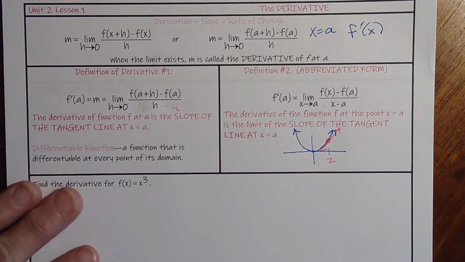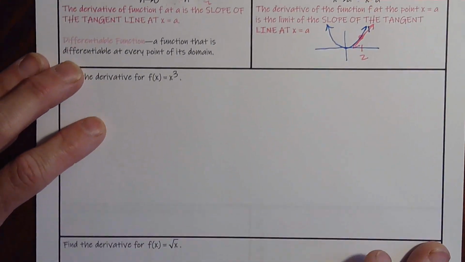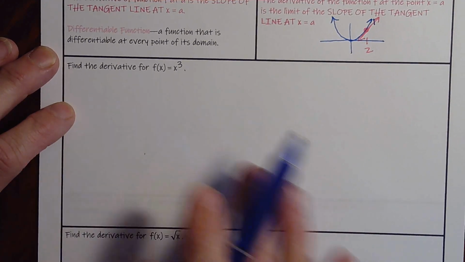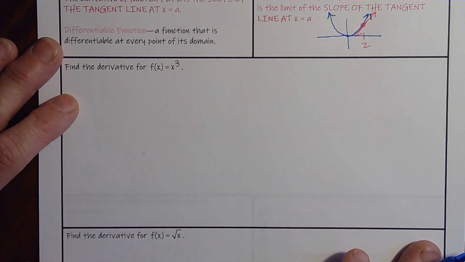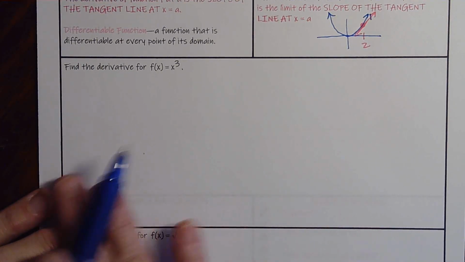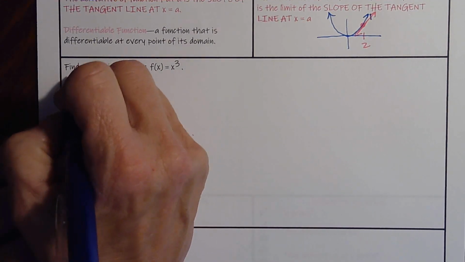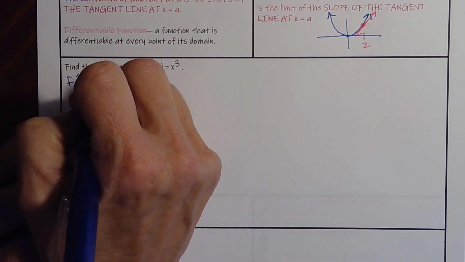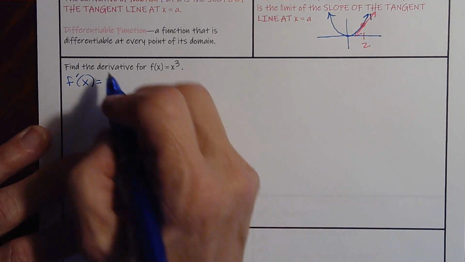Okay, let's go ahead and look at finding the derivative for a function f of x equals x cubed. And I want to use both definitions. So the first definition, when I want to find f prime of x, I'm going to use the limit.